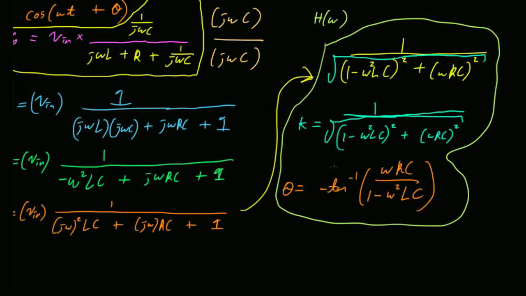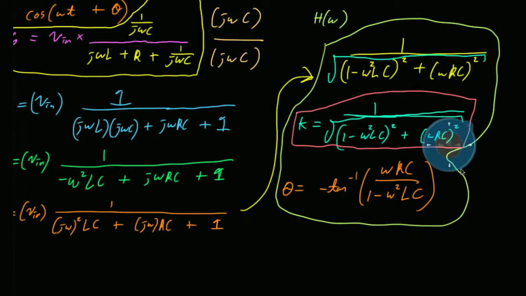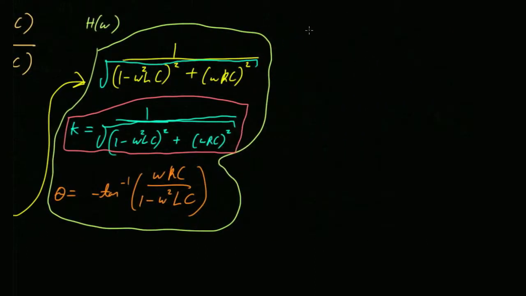Can anybody tell me what happens to k? We're just going to focus on the magnitude portion, not the phase. What happens when omega is large? So as omega goes to infinity, k is equal to 0.